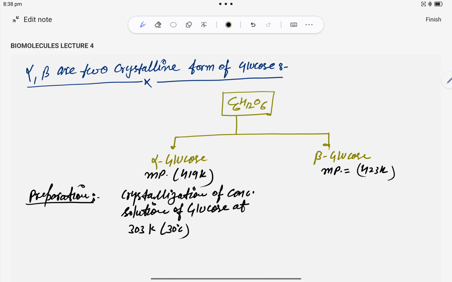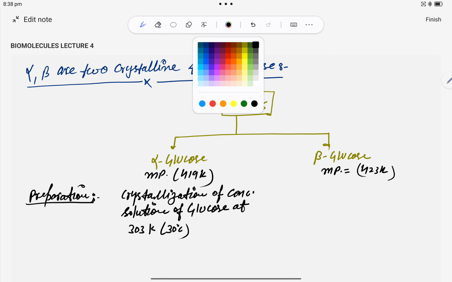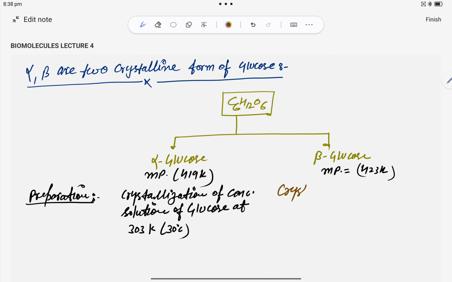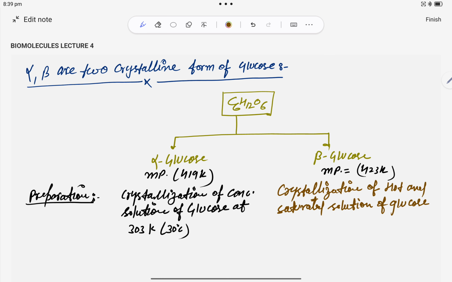Here, crystallization for beta D glucose: crystallization of a hot and saturated solution of glucose at 371 Kelvin, that is around 98 degrees Celsius.